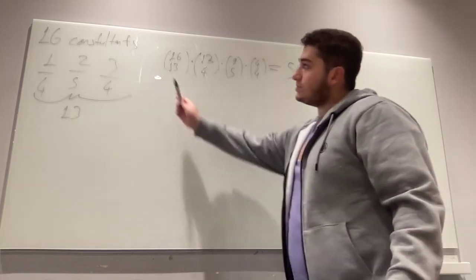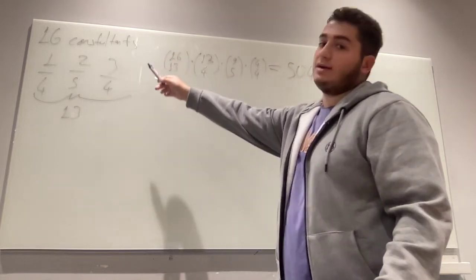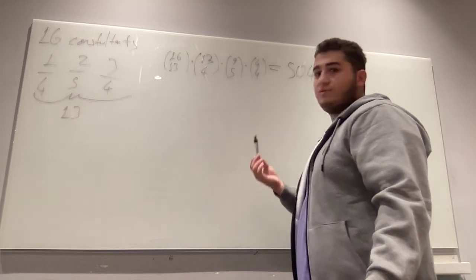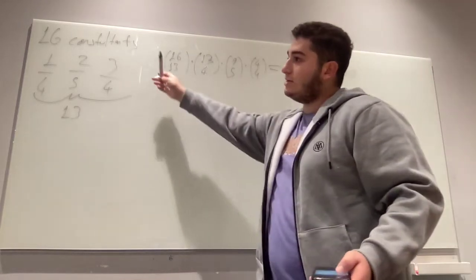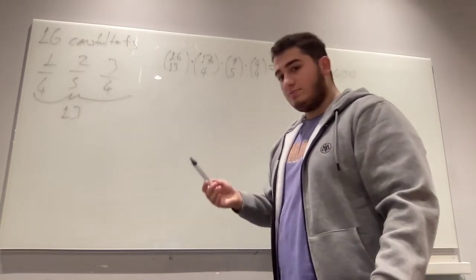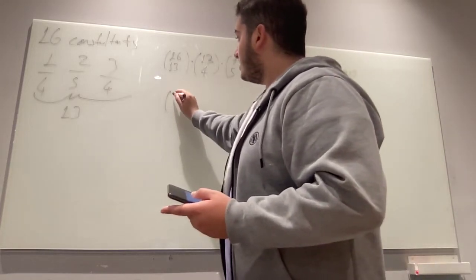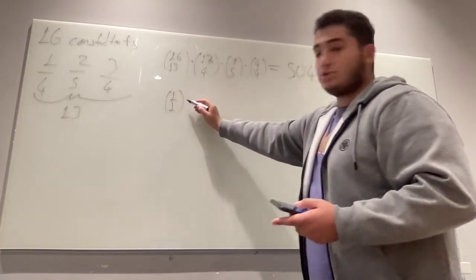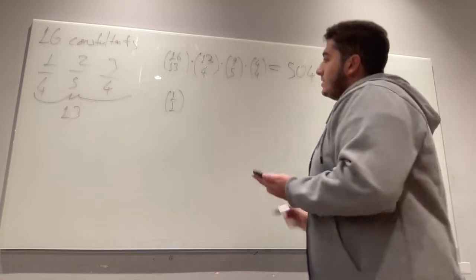From 16 consultants, there is only one Ahmed, and I am choosing him, so I have only one way to choose Ahmed. That's shown with combination as 1 choose 1. It's already 1 times.